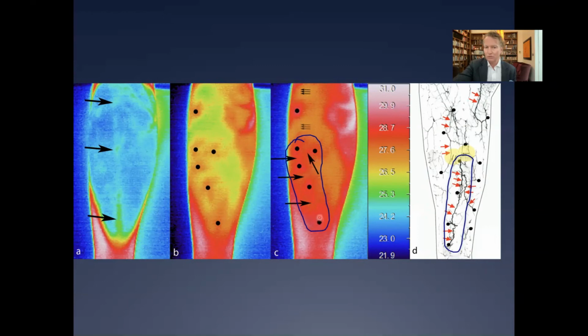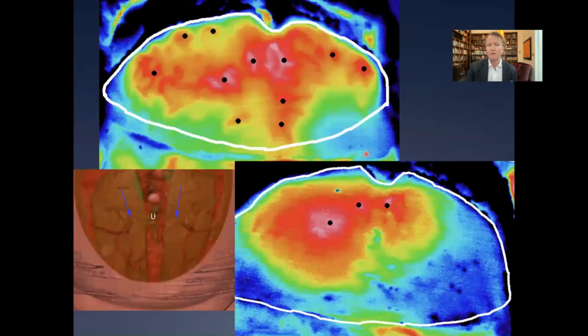So counterintuitively, in this particular person, raising the flap distally is safer than raising it proximally. And we can find this information out ahead of time.